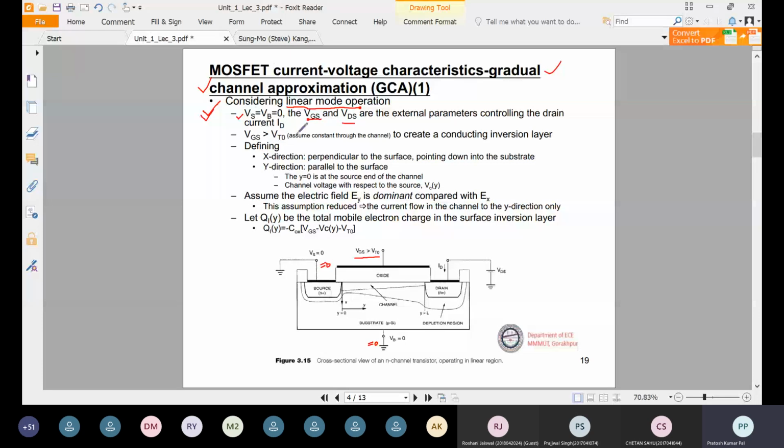These two parameters are varied by an externally applied voltage, and we have assumed gate to source voltage is greater than the threshold voltage, which means the channel has formed.